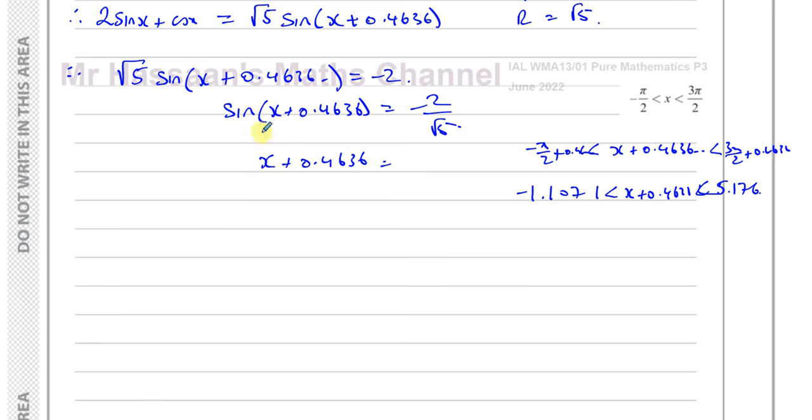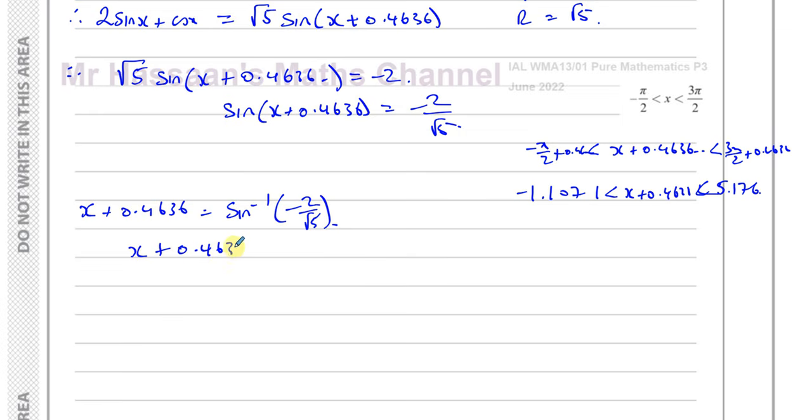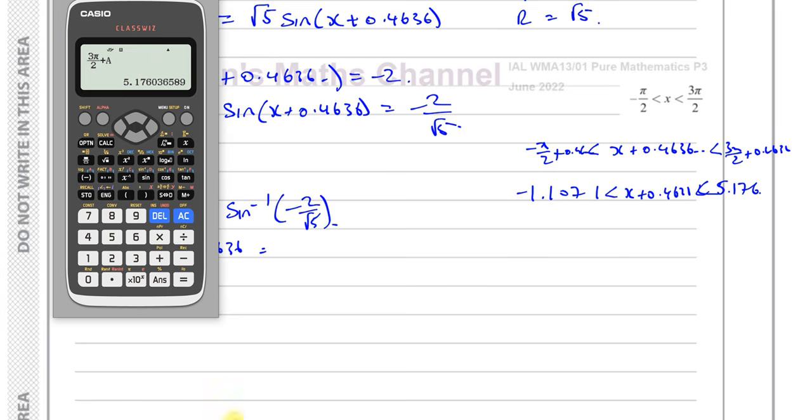So now, when I press inverse sine, I'm just going to take the inverse sine of negative 2 over root 5. I'll get my solution. So x plus 0.4636 equals negative inverse sine of negative 2 over root 5.